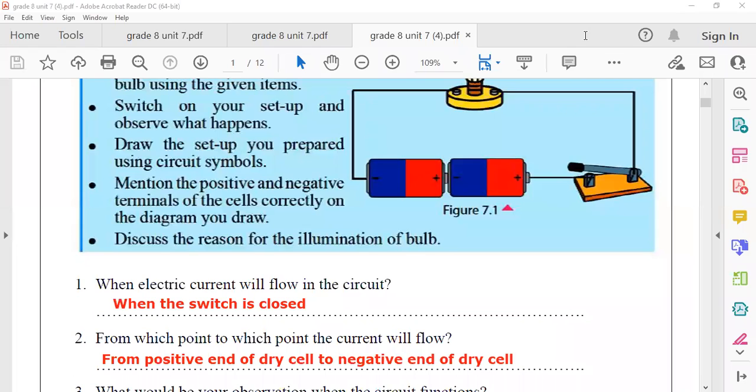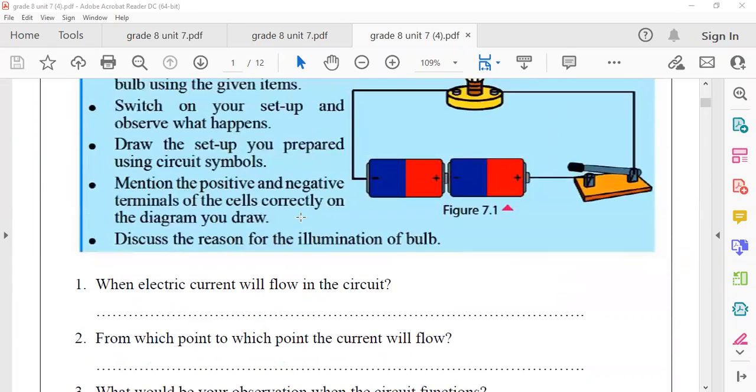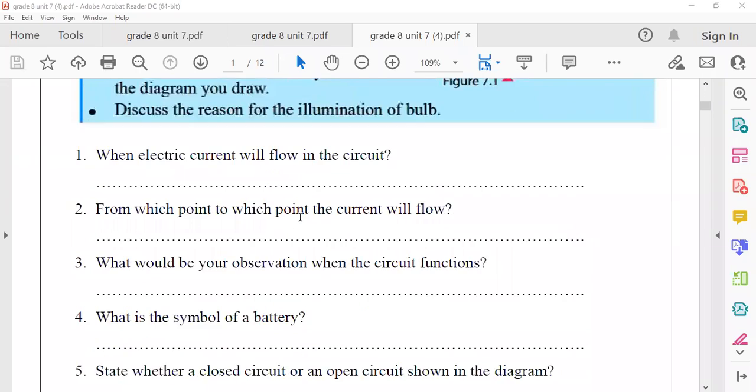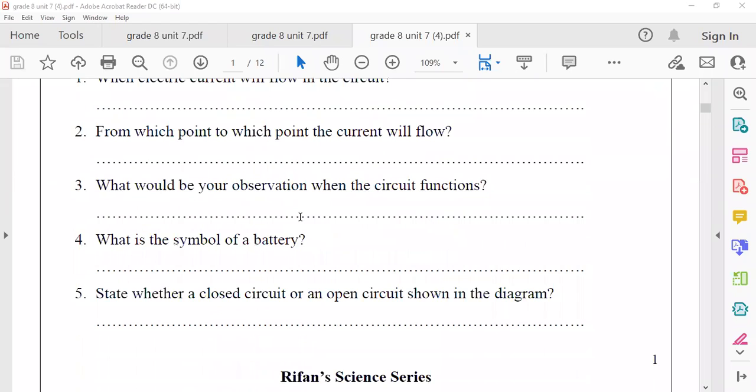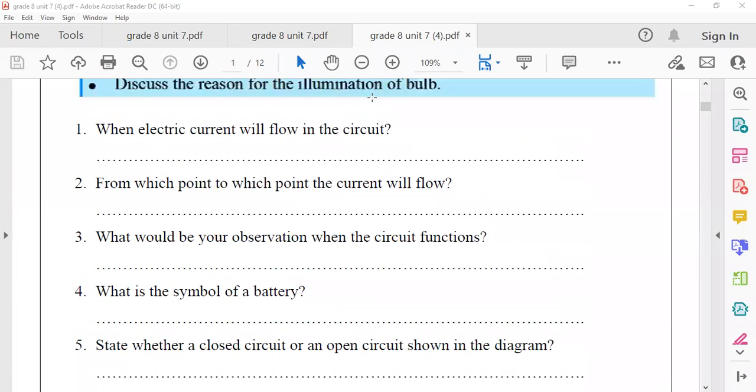Coming to question number 3. What would be your observation when this circuit functions? When this circuit is working, what will you see? The bulb will glow.